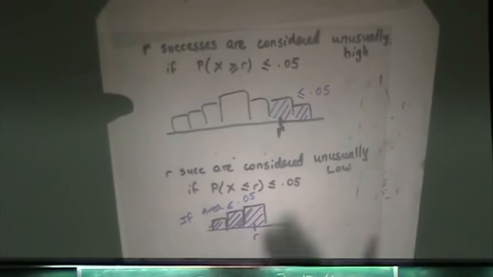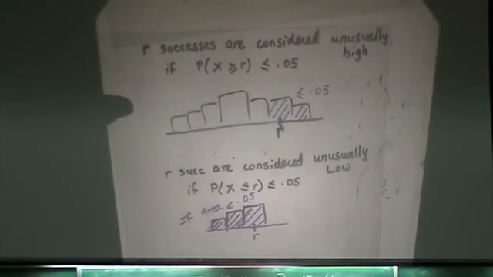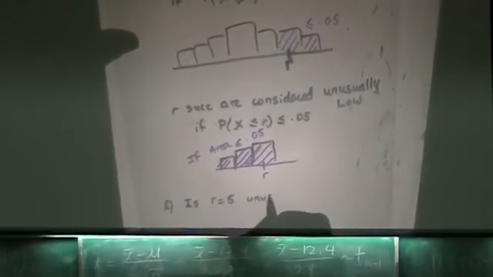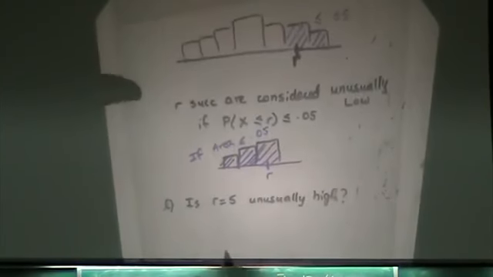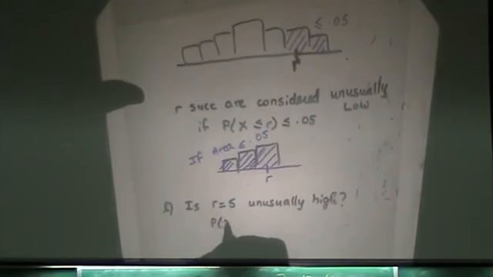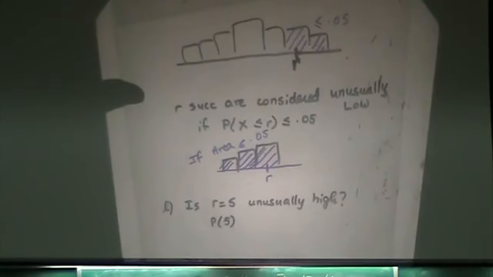So I could have done this problem, part L, using this definition too. Would 5 people developing the disease be considered unusually high? Is the question in L, right? So in part L, it's saying, is R equals 5 unusually high? So the answer is, let us consider P of 5 or more. But there is no more, because 5 is the largest it gets.